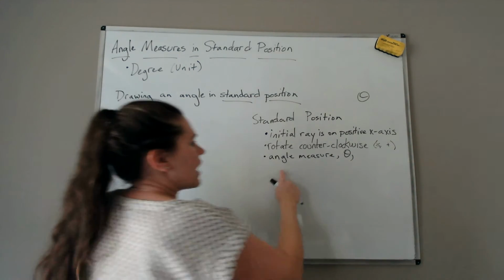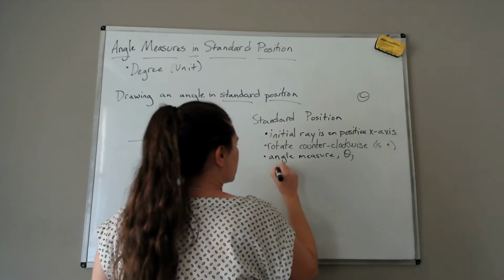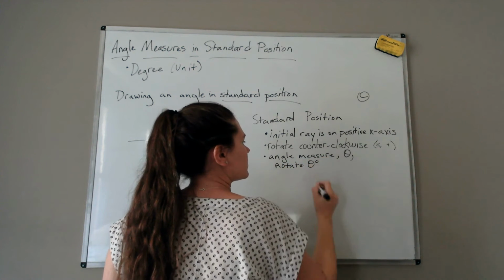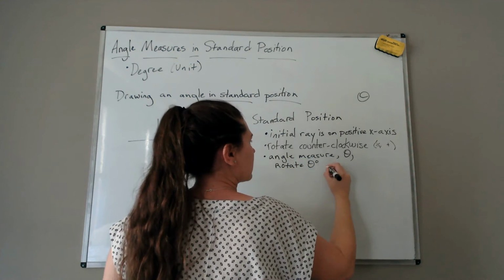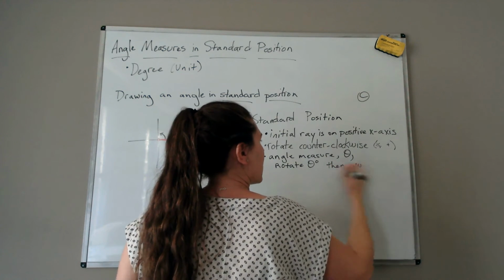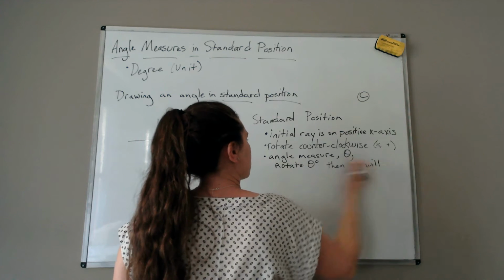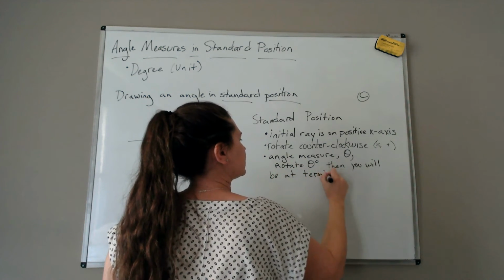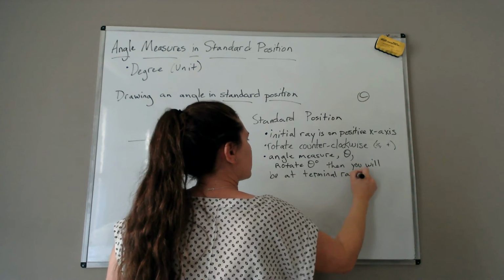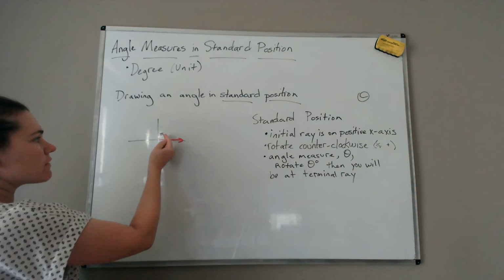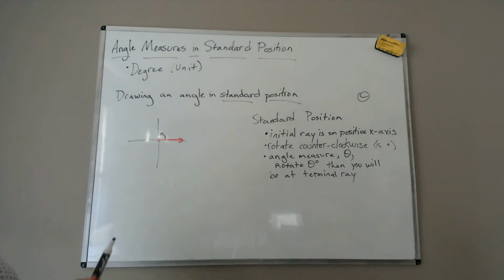Angle measure theta: you rotate theta degrees, and then you'll be at the terminal ray of the angle. So if the angle you had to draw is 45 degrees, you rotate 45 degrees counterclockwise.